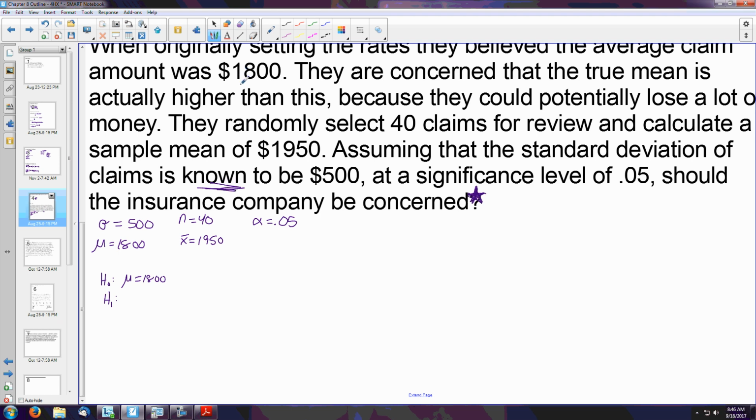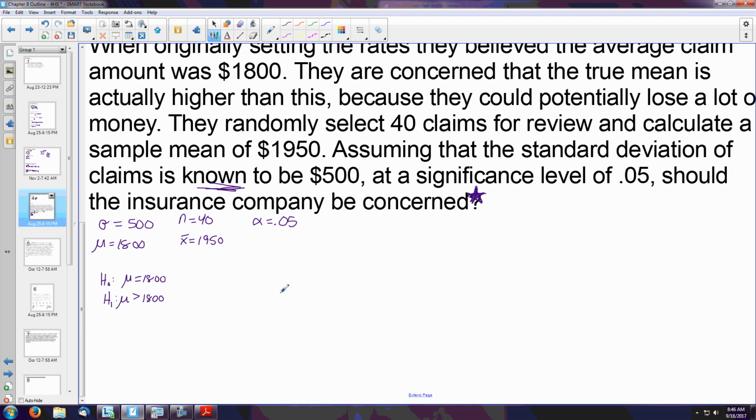What would be a concern, however, is if we're paying out more money, because that means it's cutting into our profit, or potentially it could even be more than just cutting into the profit. It could be detrimental to the business staying afloat. So if we have a concern that it's greater than, that indicates a direction, right? You have to ask yourself in context what's important here.